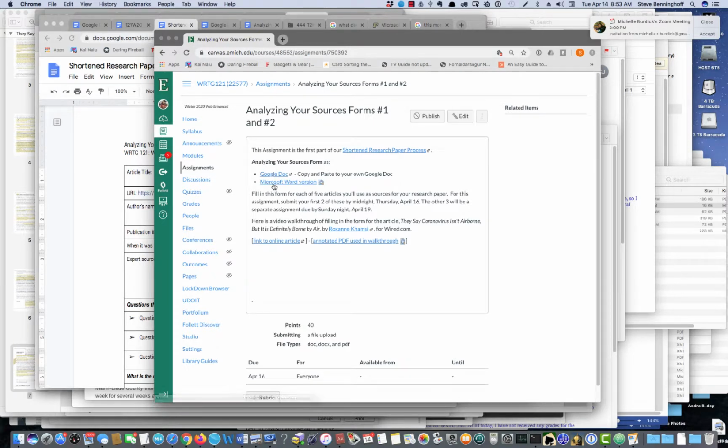There's a Microsoft Word version of it that you can download and open in Microsoft Word, and fill that in for 2 of your own articles and submit those as PDFs or Word docs for this assignment. I'll be getting you more information on this as soon as I can. Stay safe, and I look forward to seeing your pieces.